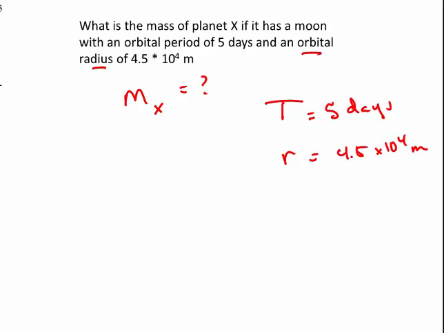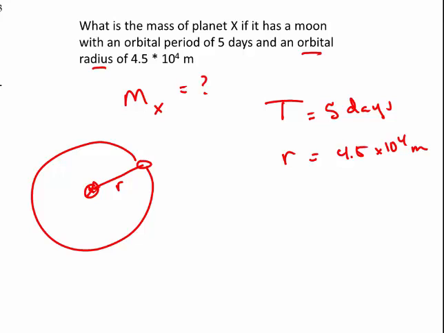Now, I'm going to draw it real quick just to make sure. I've got some planet X, and I've got some moon going around it, and it's got this orbital radius r.